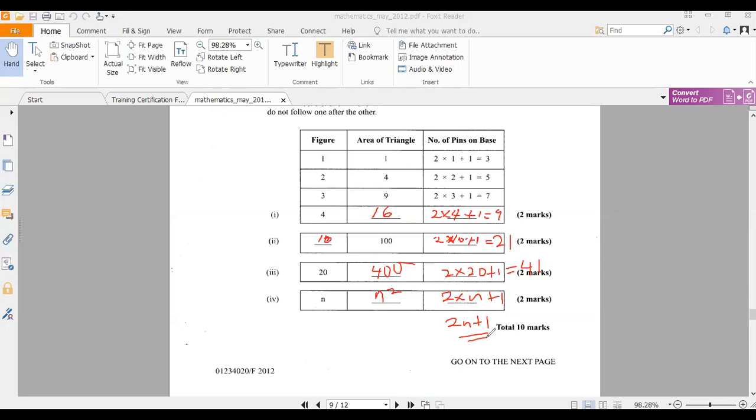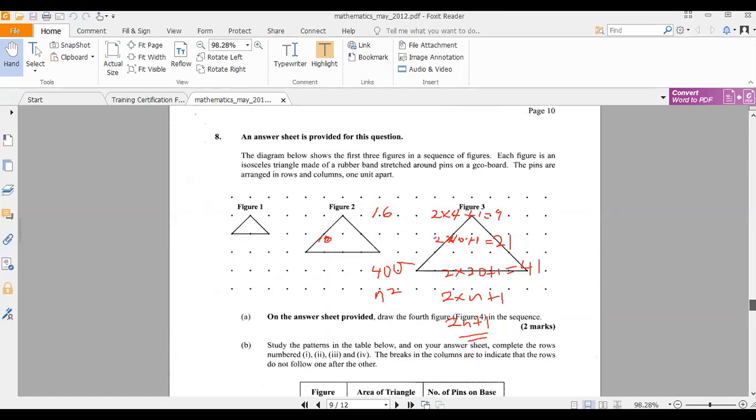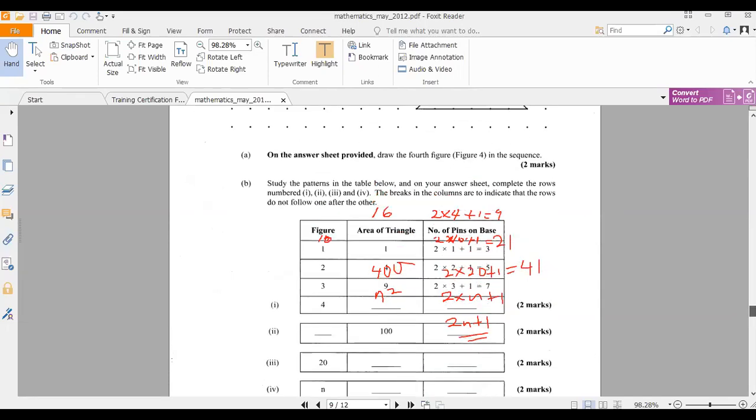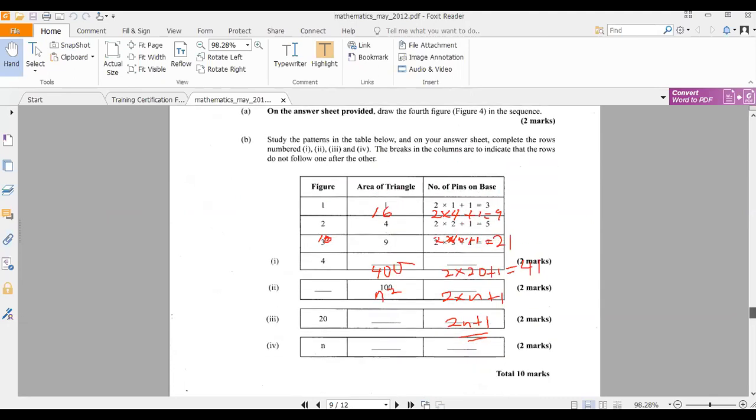Okay, we just finished question 8. Anything left in question 8 to do? We just finished question 8. Easy, 1 by 3 question like that.